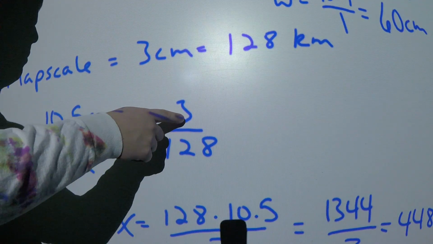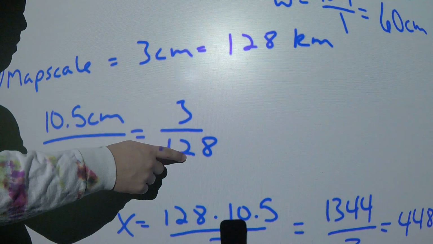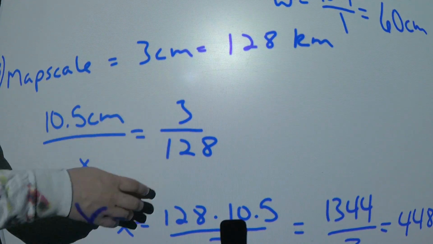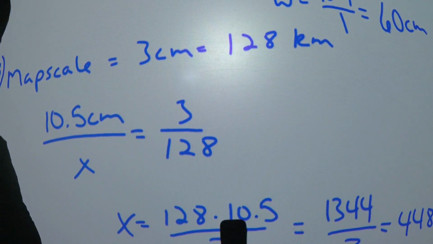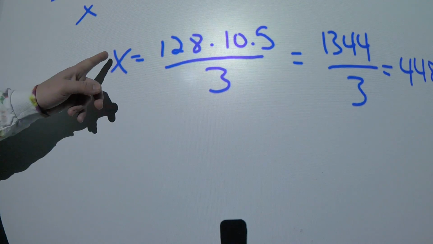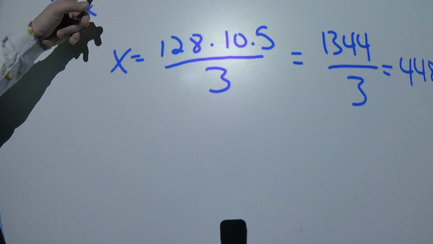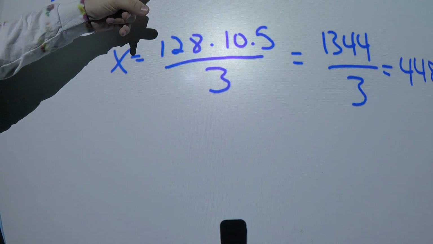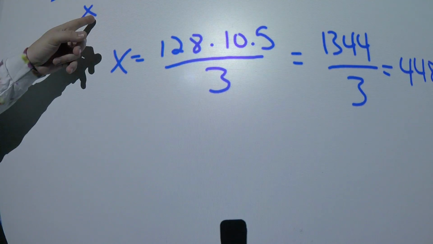Okay? Or this is the scale. And then from there, you are going to set up your proportion and then cross multiply once again. 10.5 times 128 equals 3 times x.